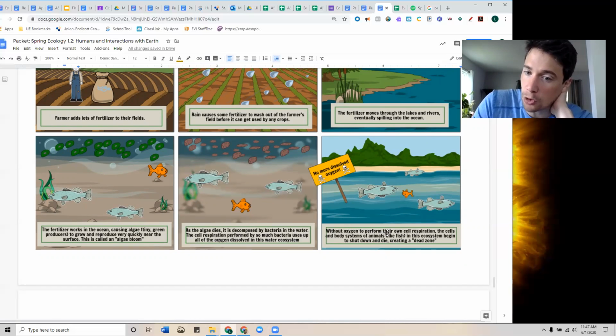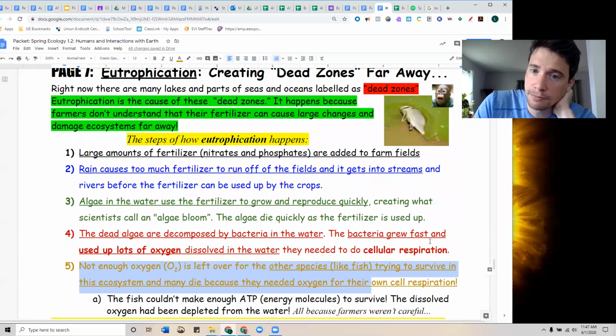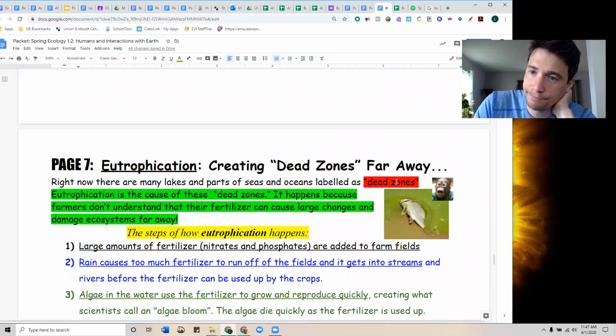Without oxygen to perform their own cell respiration, the cells and the body systems of animals like fish in this ecosystem begin to shut down and die, and this creates a dead zone.